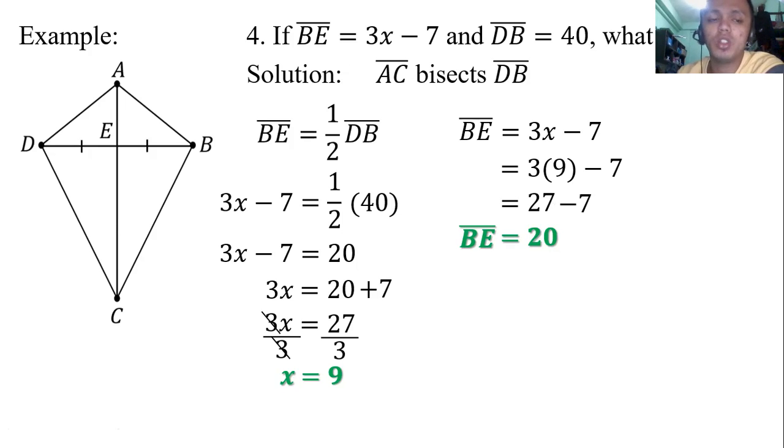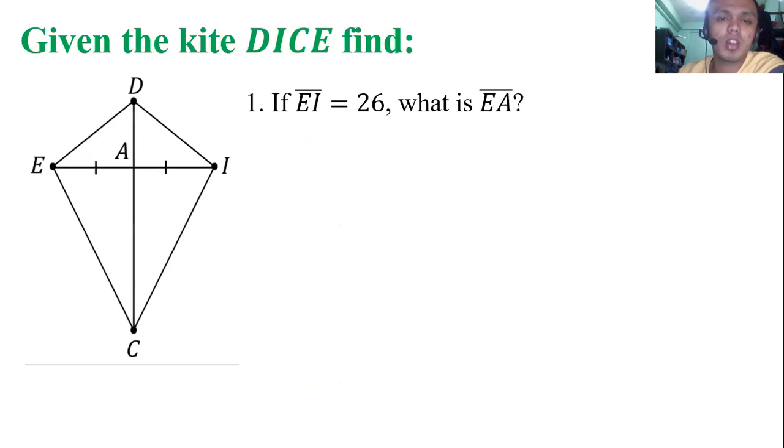Okay? Next, let us have an exercise, no? If EI is equal to 26, what is EA? Okay? So si EI is 26. In a kite DEIC, now we have two diagonals here, diagonal DC and diagonal EI. Now, si DC naman will serve as the bisector of diagonal EI.